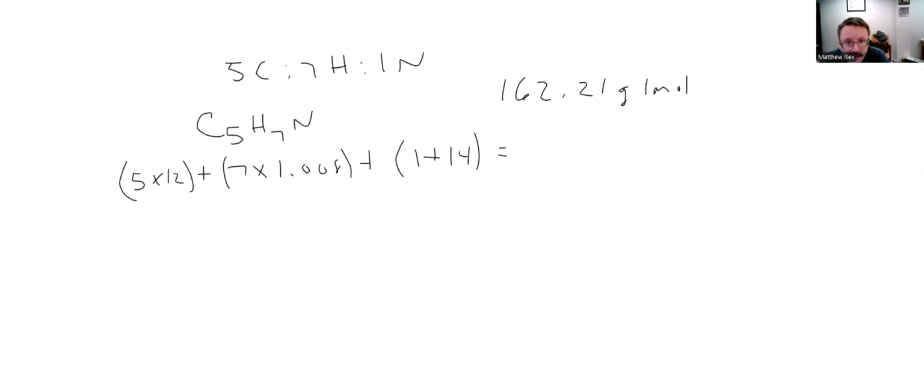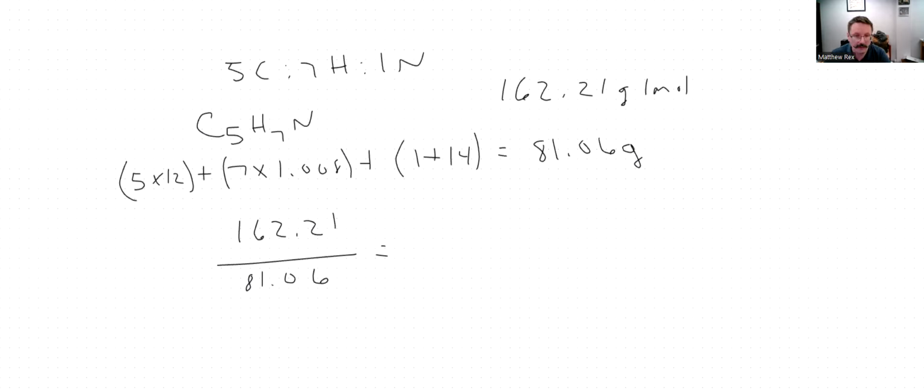And what we're going to get is something around 81. So I'm going to find out, like I said, how many times does that go into this? So 162.21 divided by 81.06, and we get 2.001, or pretty much 2 times.